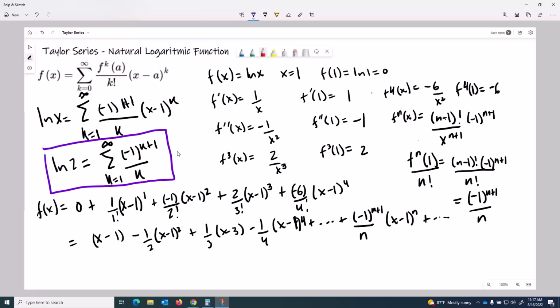But I'll leave that to you. Maybe it is from 1 and it's a little bit larger. Because if you plug in 1, that should give you 0, so we know that it's going to converge either way. But I'll leave it up to you to find the interval of convergence for the Taylor series of the natural log function.